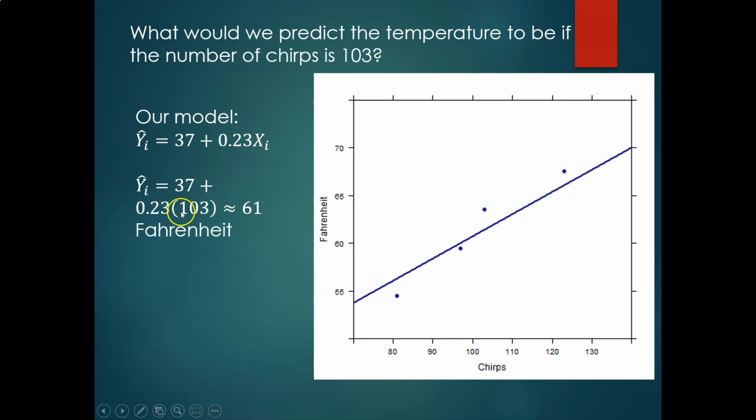Now x has gone up 103 times. So we multiply 0.23 by 103, add to it the 37, and we come up with a prediction of about 61 degrees. Over here is about 103, and looking up, it looks like right around 61-ish degrees. Now, if we had an actual value, it probably would be pretty close, but it may not be exact.